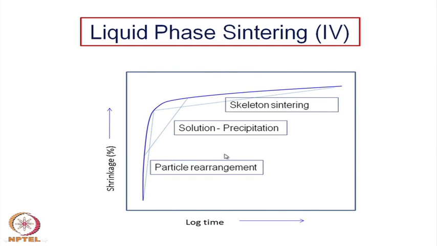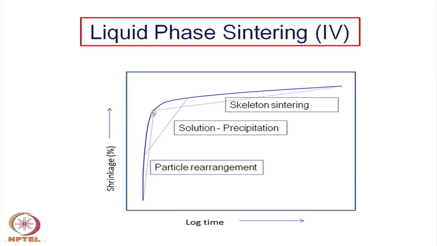I think this is the last slide, liquid phase sintering. If you plot log time against shrinkage, which is a measure of the extent of densification or sintering, you get a very steep rise first, and then it gets flattened out. The shape is slightly different from the other mechanisms.